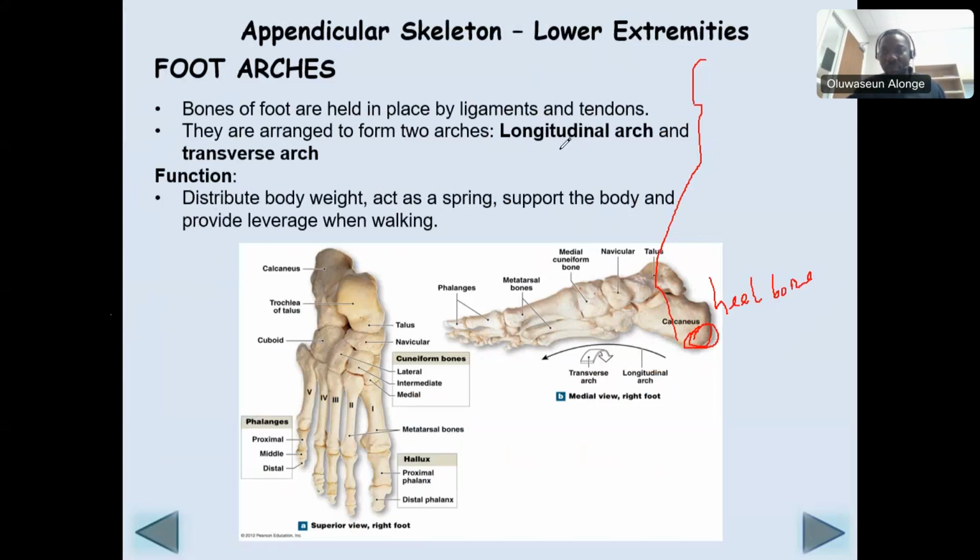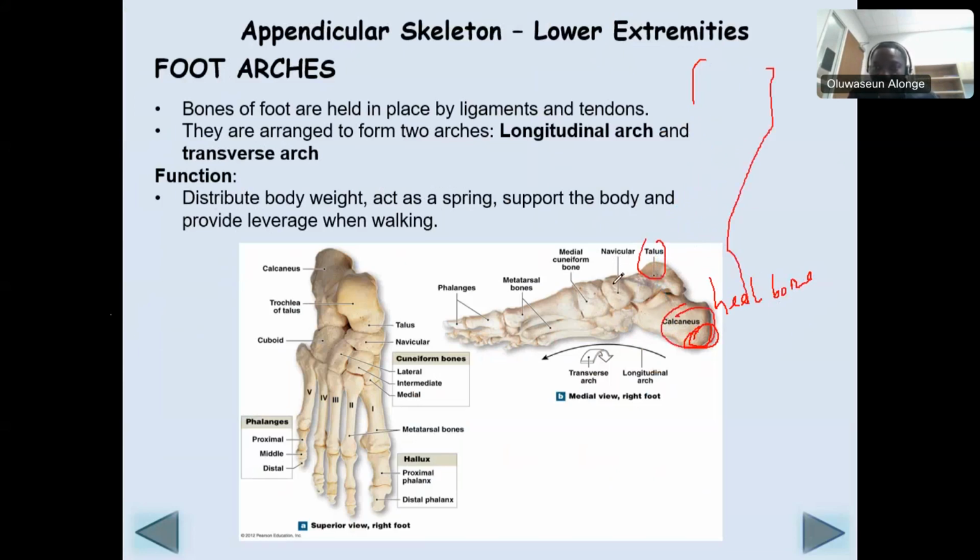It's like the spring that pushes you up. So the weight comes from your head, goes to your vertebral bones, the lumbar bones, comes to the femur, the tibia, and the talus, then transfers to the calcaneus. So that's the talus and calcaneus right there. Talus, then calcaneus. All right.